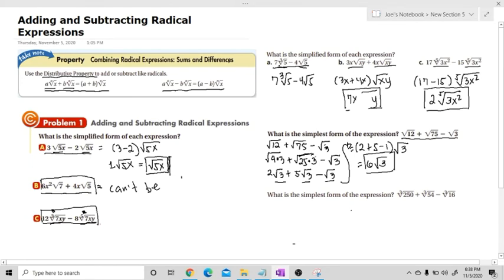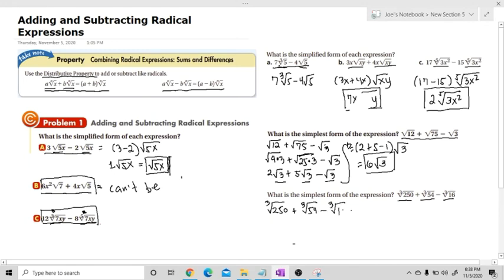What is the simplest form of the expression cube root of 250 plus cube root of 54 minus cube root of 16? To simplify this kind of expression, kailangan muna natin silang i-simplify by term. I-simplify natin yung cube root of 250, cube root of 54, and cube root of 16.